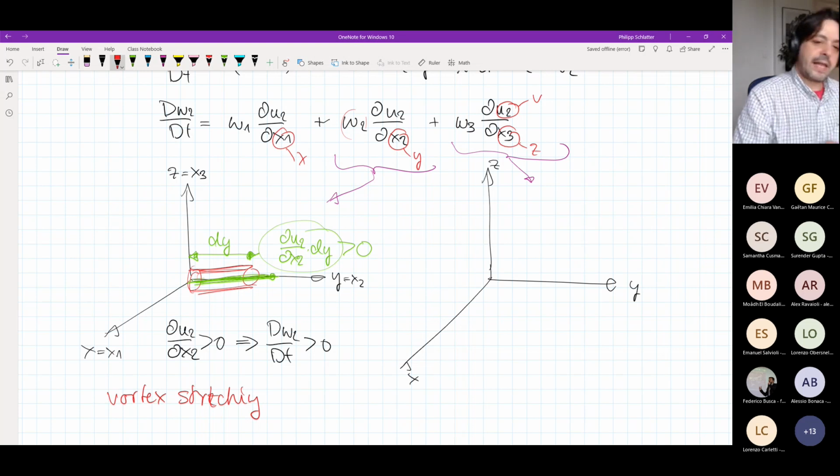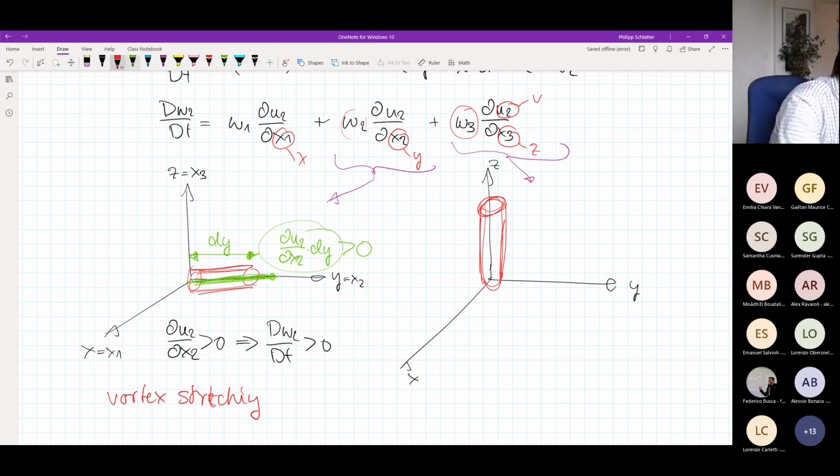Now let's look at the last term, and we try to see what's happening there. We do the same analysis. We need to look at omega 3. If I draw it as a sausage, it would perhaps be something like that. And I can associate a certain length to that. In this case, it would be a length of dz.